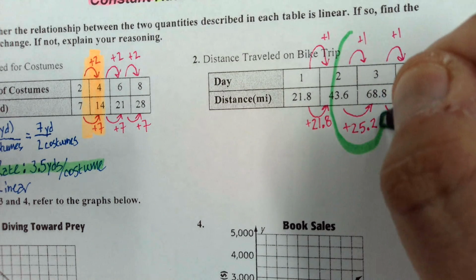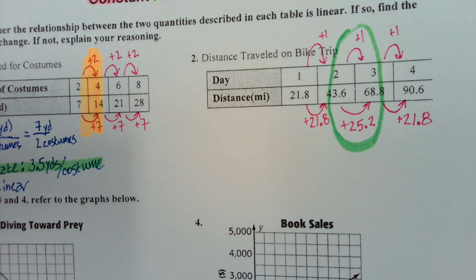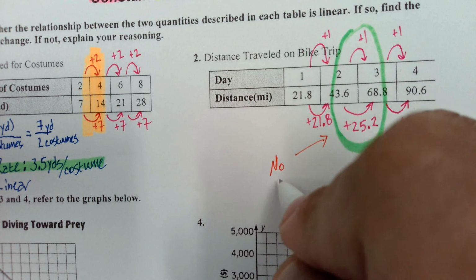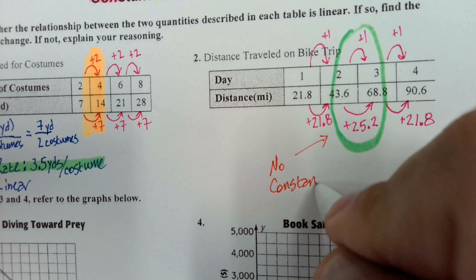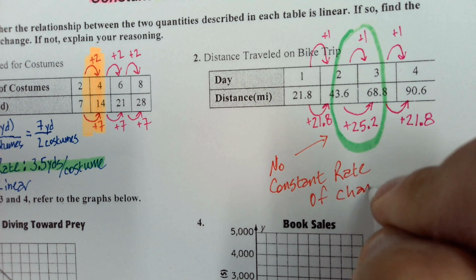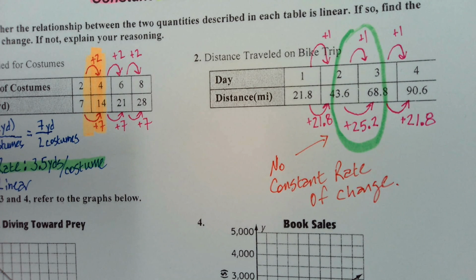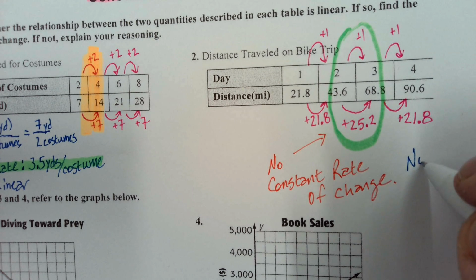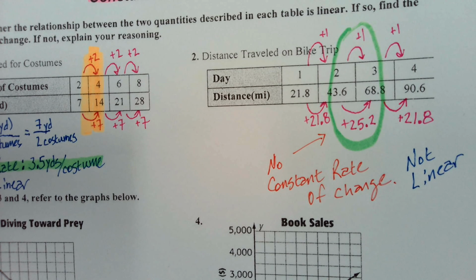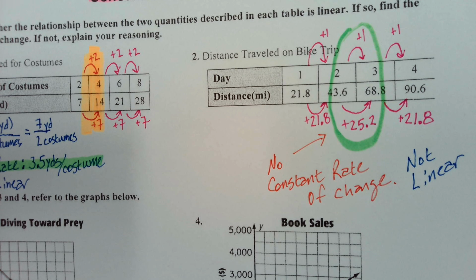But because of this, no constant rate of change. So it's not linear. Any questions?